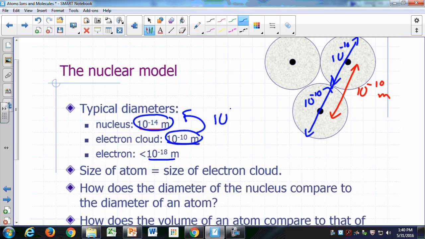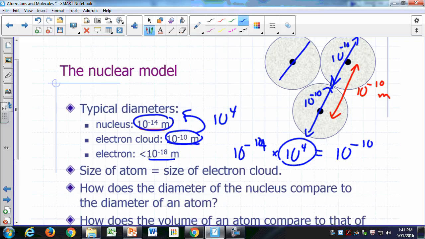That's a difference of 10 to the fourth. 10 to the negative 14 times 10 to the fourth gives you 10 to the negative 10. So you have to multiply the nucleus diameter by 10 to the fourth, that's 10,000 times. So the atom itself, this distance right here, is 10,000 times bigger than this distance right here within the nucleus.